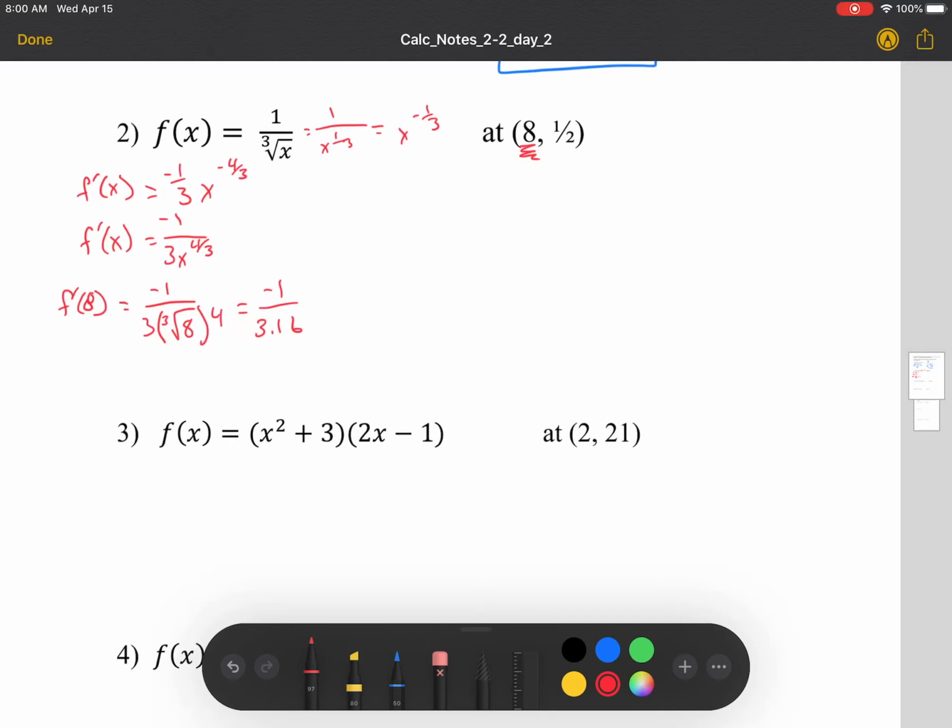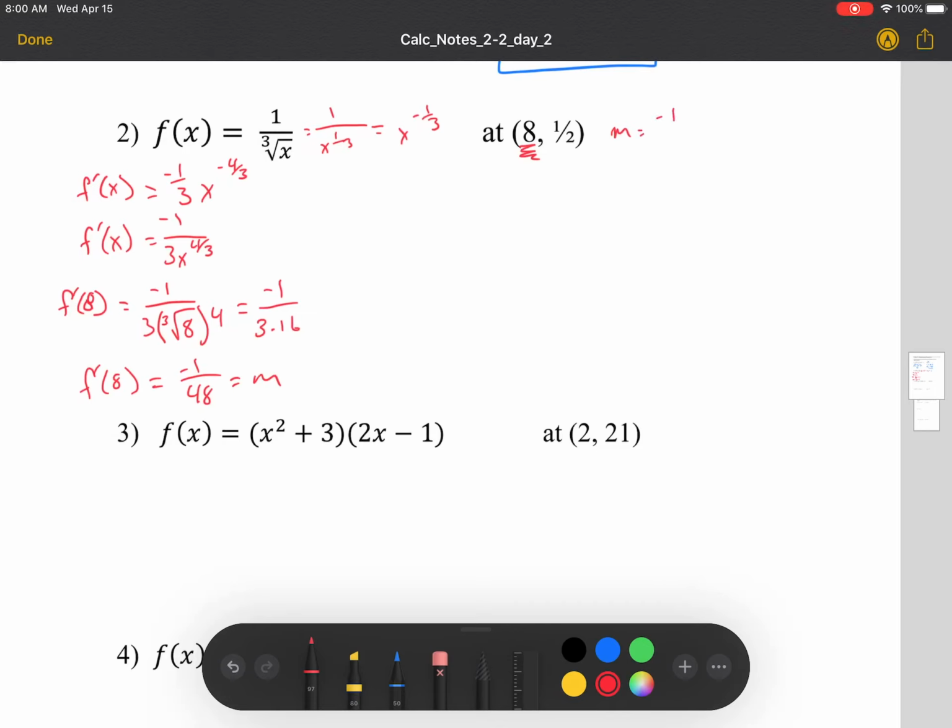When you plug that into your calculator, you should get negative 1 over 3 times 16. I'm sorry, that's 3 times 16. So in the end you're going to get negative 1 over 48 equals your m.